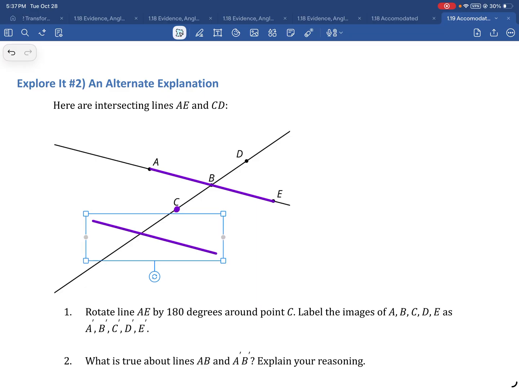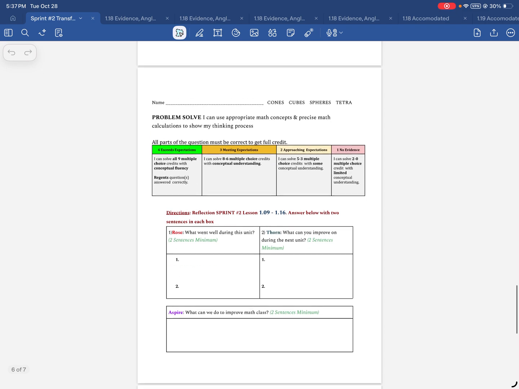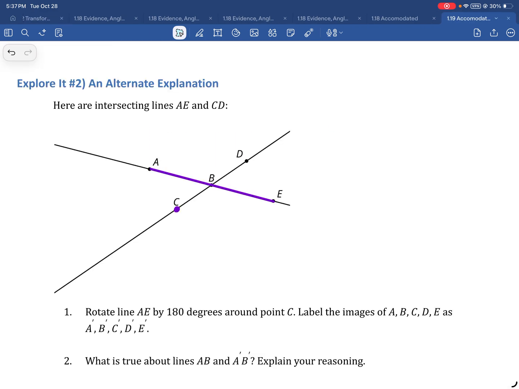When you rotate, the orientation is different, so I'm gonna try using tracing paper. Let me double check this, because I'm not that great with rotation.